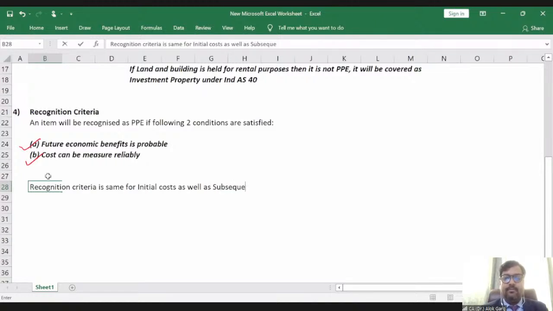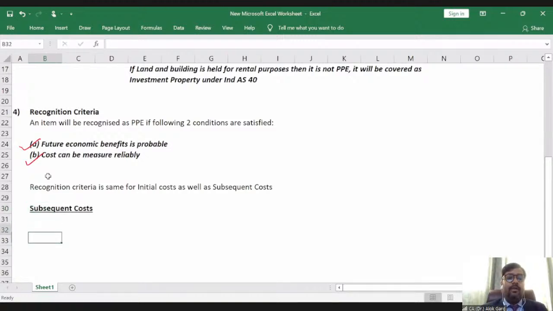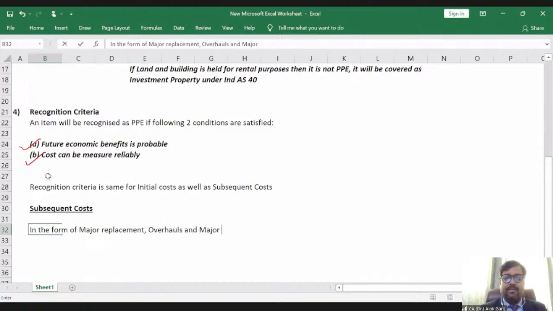Okay. This is the same for the initial cost as well as the subsequent cost. When I say subsequent cost, I mean cost in the form of major replacement, overhauls, and major inspection.